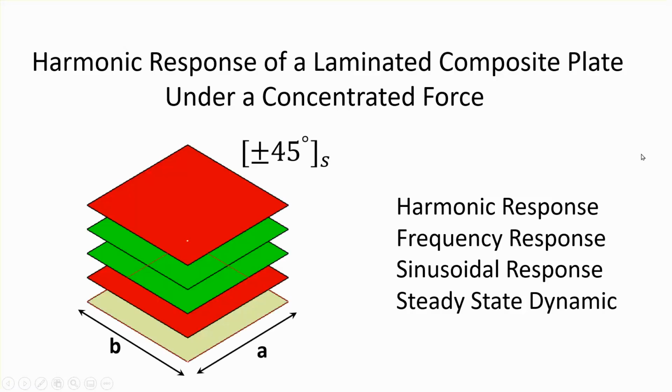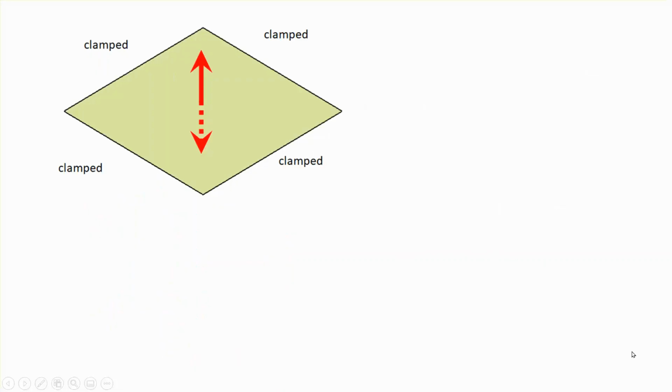The one that I'm going to be doing currently is a rectangular plate made of a symmetric laminate like that. And I'm assuming that the magnitude of the force which is applied is a constant as a function of the frequency of the input.